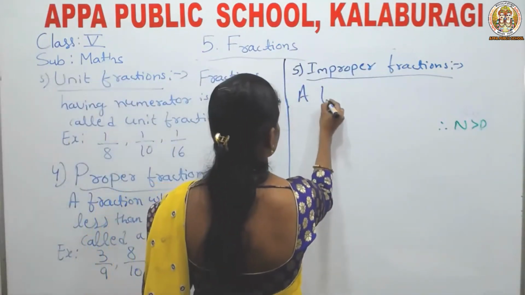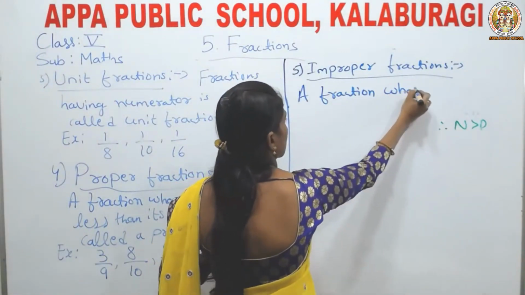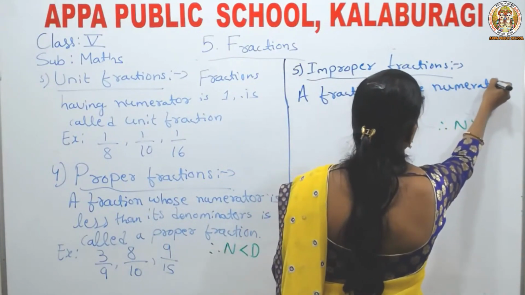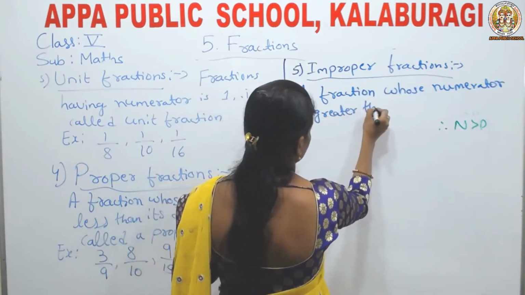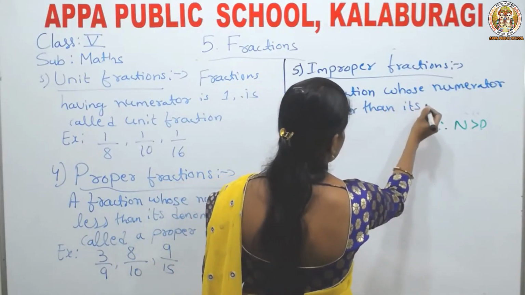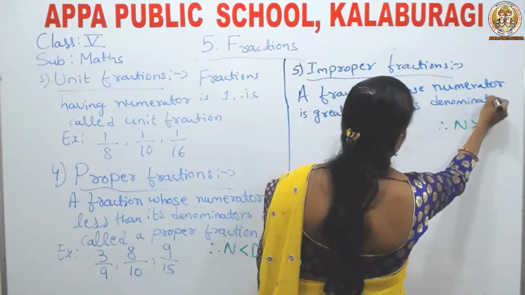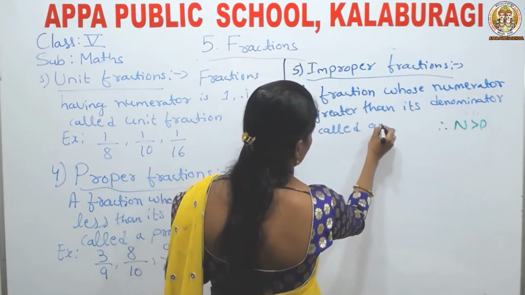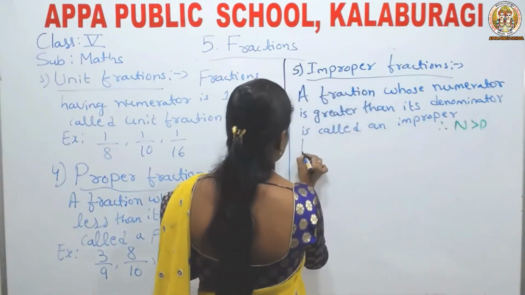A fraction whose numerator is greater than its denominator is called an improper fraction.